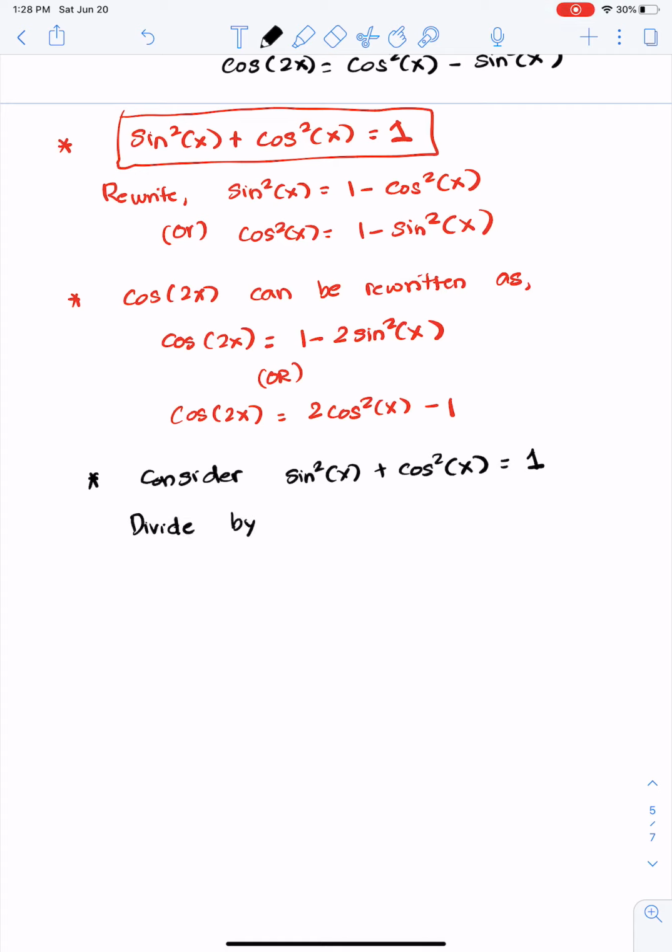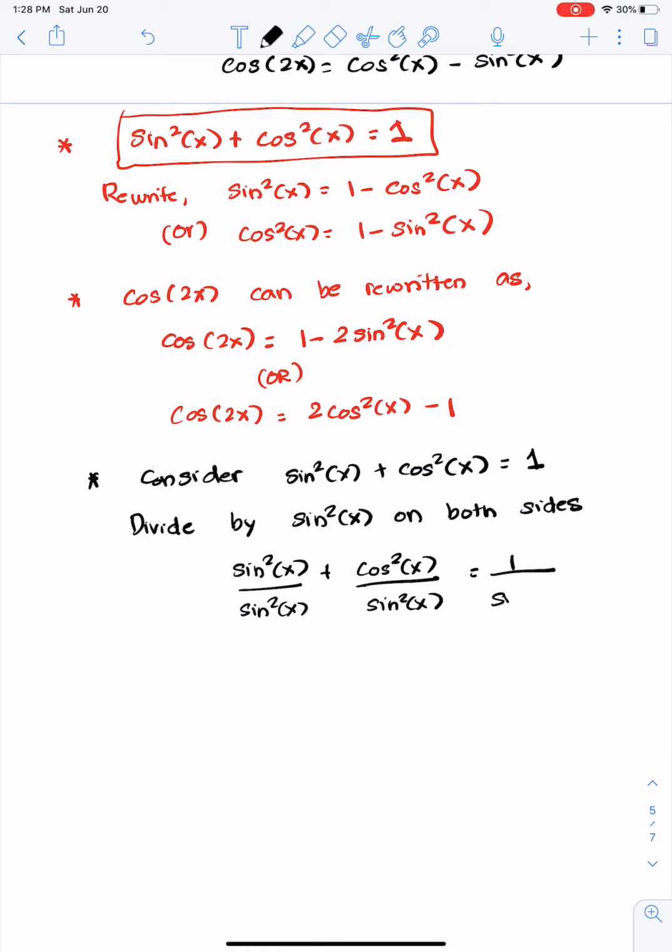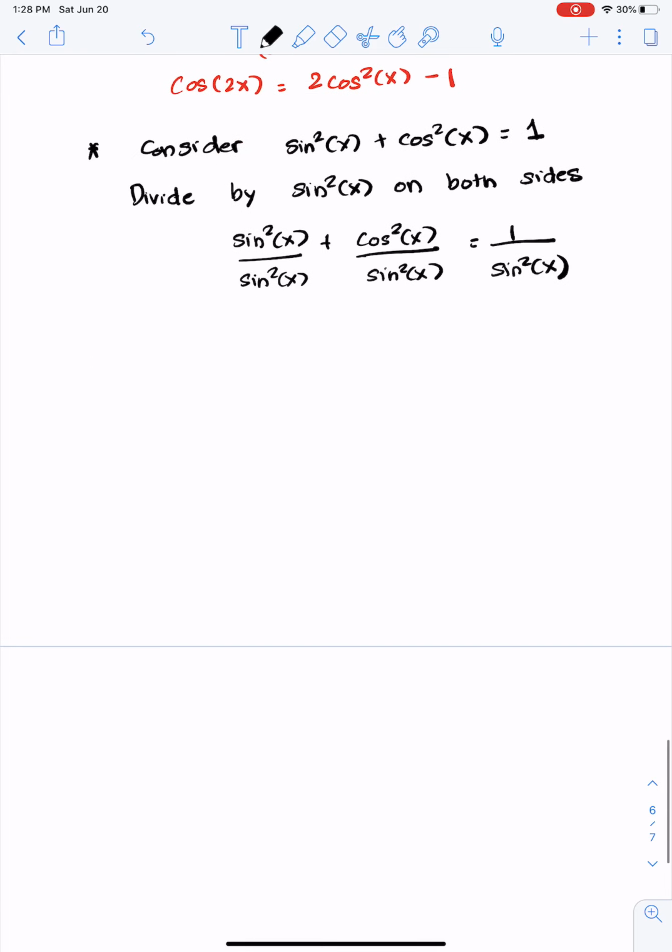Divide by sine squared x on both sides. So the first term would reduce to 1. Now, the second term, I could rewrite as cosine of x divided by sine of x, squared.